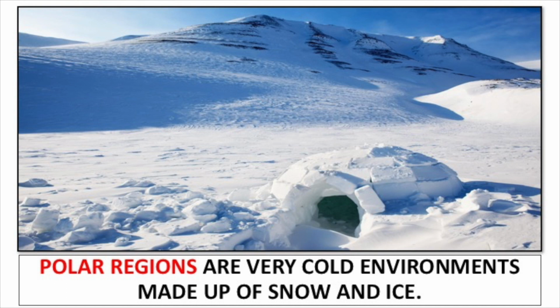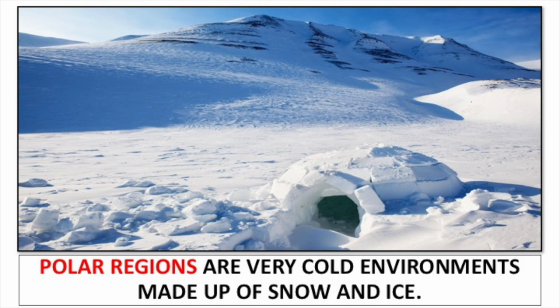Polar regions are very cold environments made up of snow and ice. Now remember recently when we learnt about North Pole and South Pole. These are what we call the polar regions, where the snow and the ice is very cold.